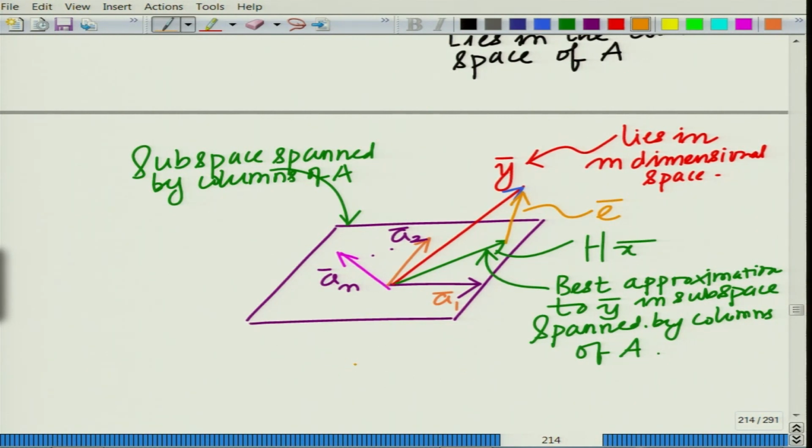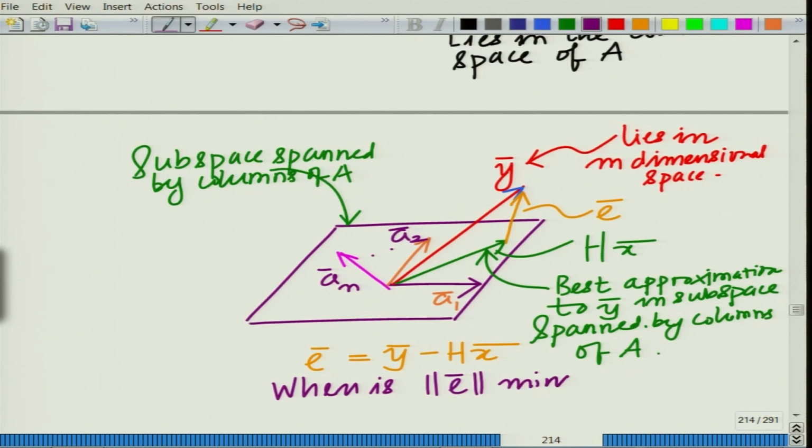So, this is your Hx bar, the error is y bar minus Hx bar, and we are asking the question, when is the norm of E bar, that is the error, minimum? And the answer is not very difficult to see.